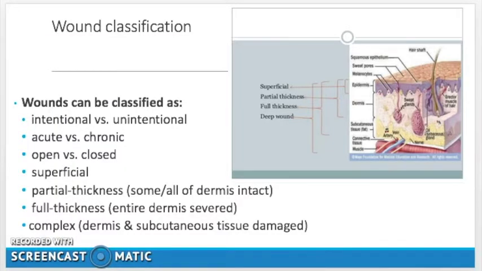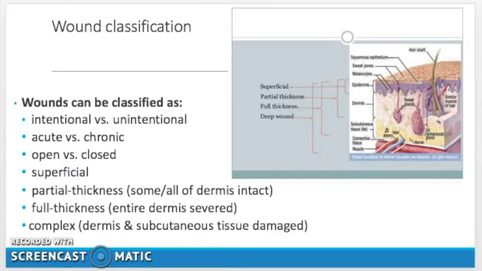So there are many ways to classify wounds. They could be classified as intentional or unintentional. Intentional wounds result from planned invasive therapies such as surgery, whereas unintentional wounds are from accidents and trauma. They can occur in unsterile environments and have jagged edges. Bleeding is less controlled and is more likely to become infected.